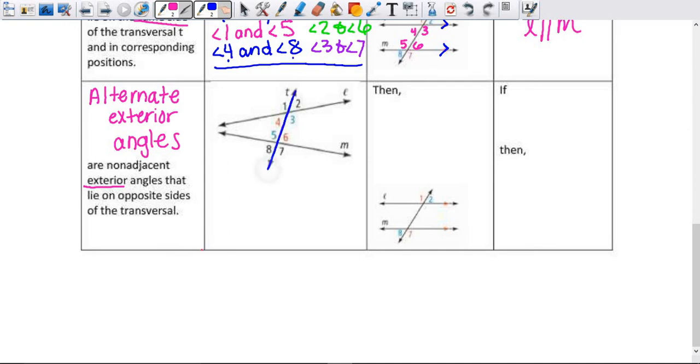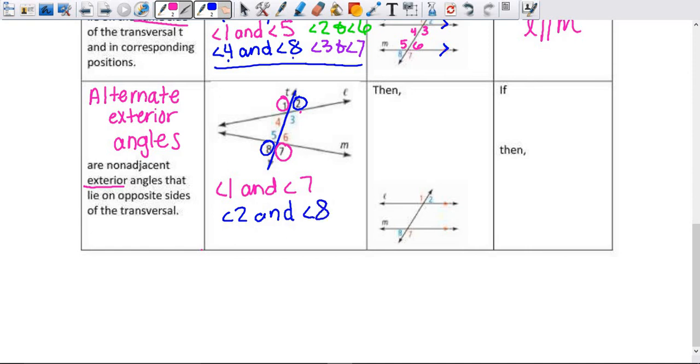So there's my transversal again. If I choose angle 1, I need to hop over my transversal. I don't want to use 2 because it's next to it and they have to be non-adjacent, so I'm going to use 7. So angle 1 and angle 7 would be alternate exteriors. And then 2 and 8 would be alternate exteriors.